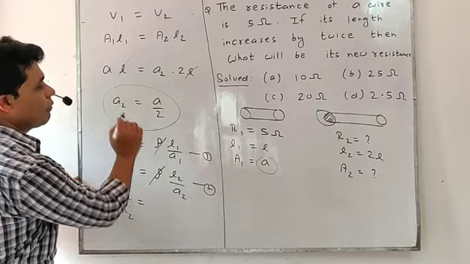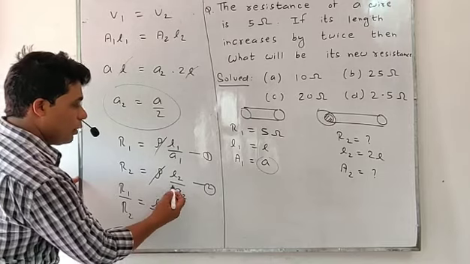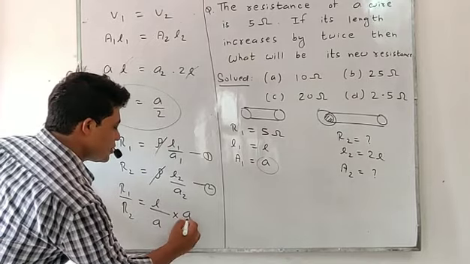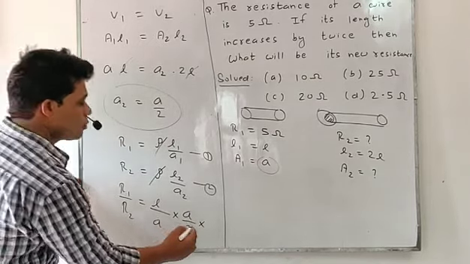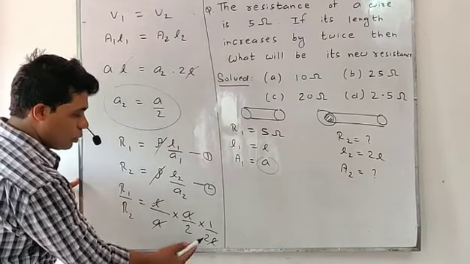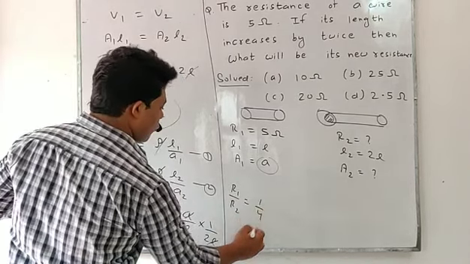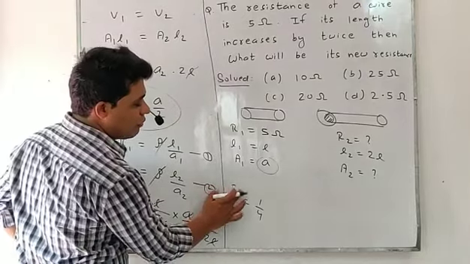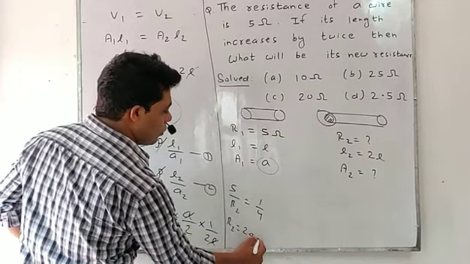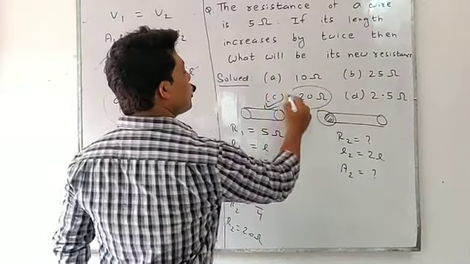L1 is L, A1 is A, and A2 is A by 2, and L2 is 2L. L cancels out, A cancels out, and 2 times 2 is 4. So R1 by R2 is 1 by 4. We are given R1 as 5, so R2 is 5 times 4, which is 20 ohm. So what is the final answer? Option C is the correct option, 20 ohm.